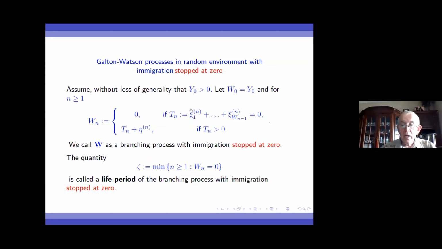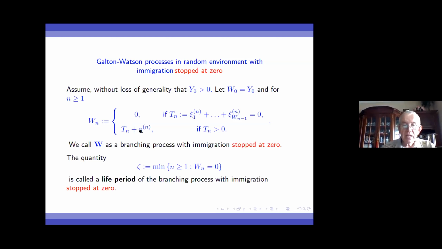First, we allow all individuals of the previous generation, for instance generation 0, to produce children. If the number of children produced by these initial individuals is equal to 0, so all the particles became childless, then we stop the process.